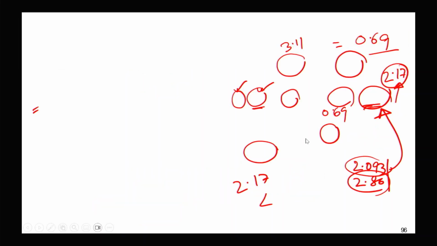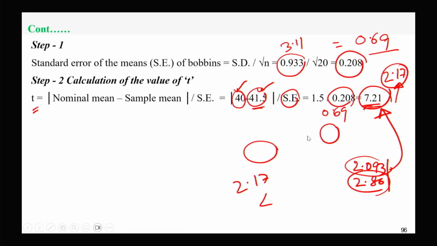Keeping all the same conditions, with 0.92, the t value will be 1.63, which is less than the values of 2.093 and 2.86.